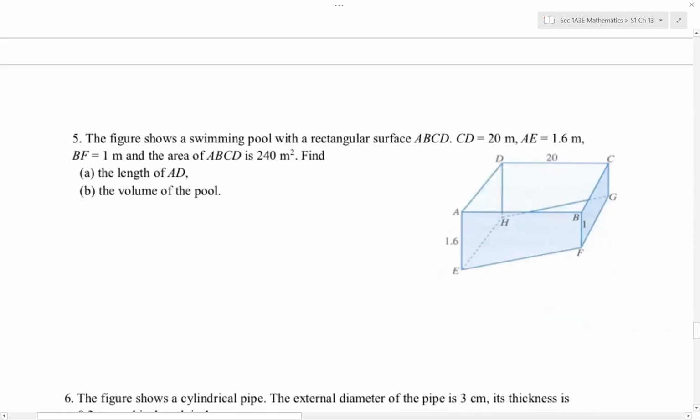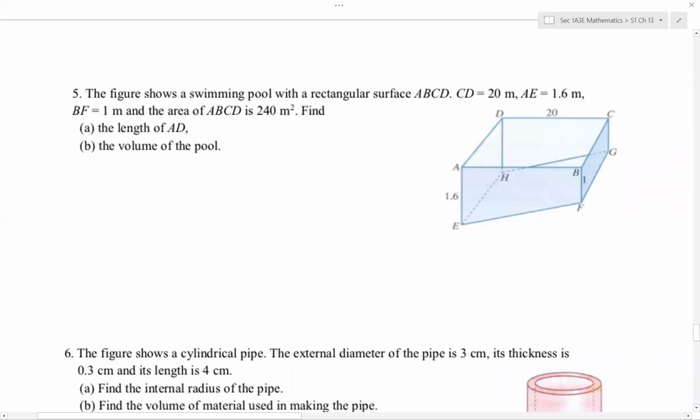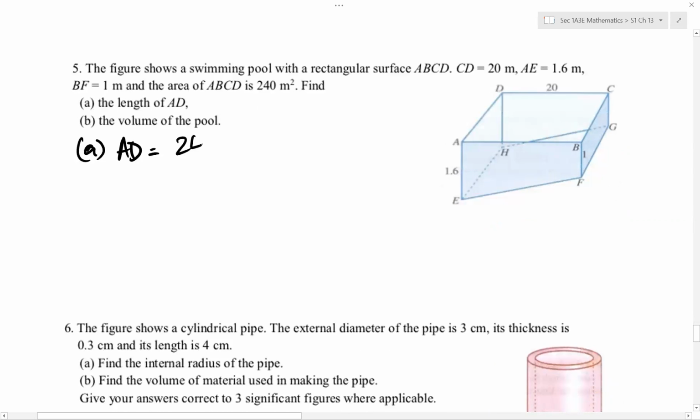Okay, Nicole. Next one, question 5. Okay, wait. AD equals to 240 divided by what? 20.